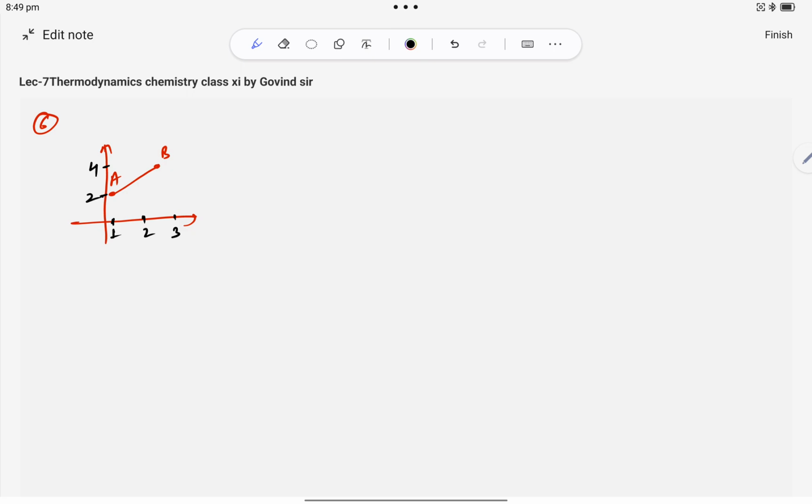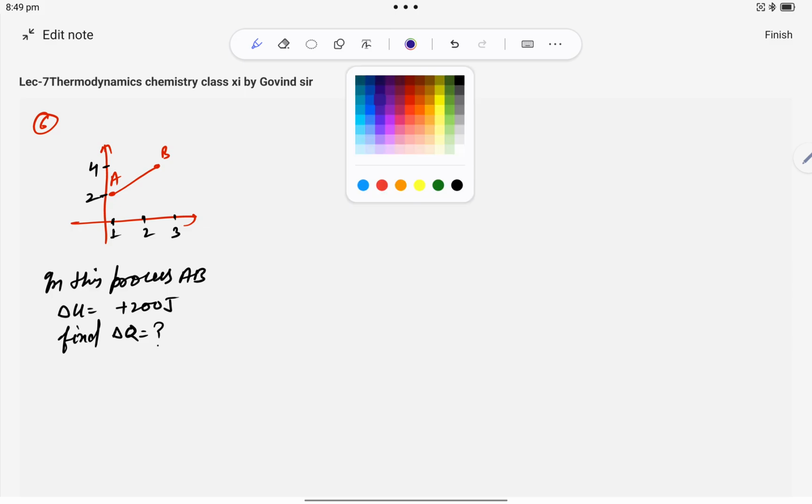The question is, in this process A to B, delta U is equal to plus 200 joule. Find delta Q. So again, simple question, children.